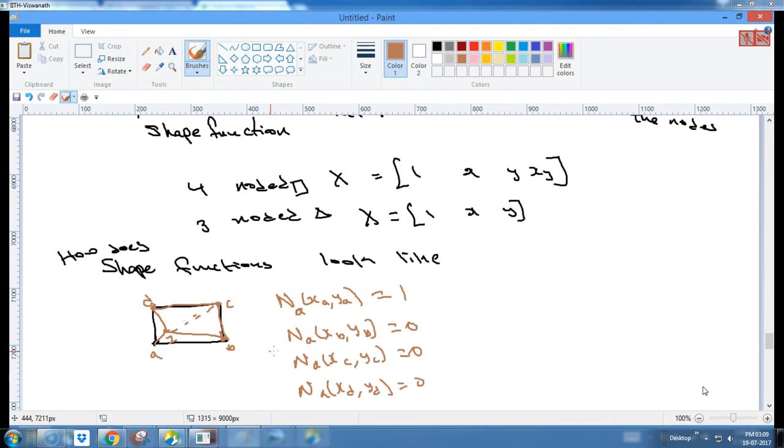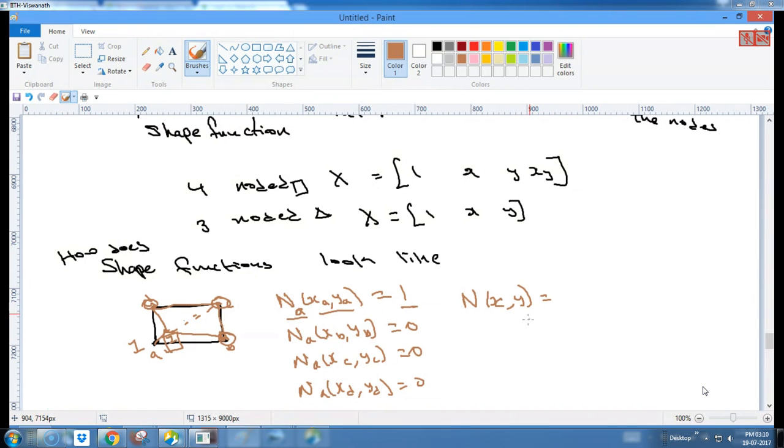So it is 0 at this point, 0 at this point, 0 at this point, and it is 1 only at this point. So N A evaluated at A will give you 1, and at all other nodal points 0. So then you can easily write your N of x. What would you think this would be?